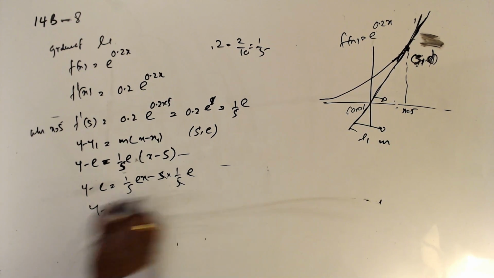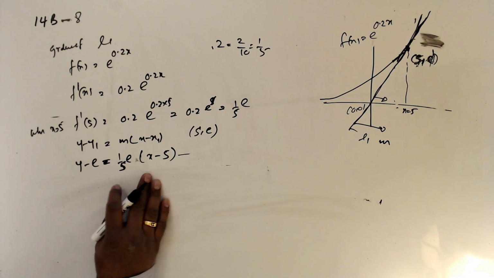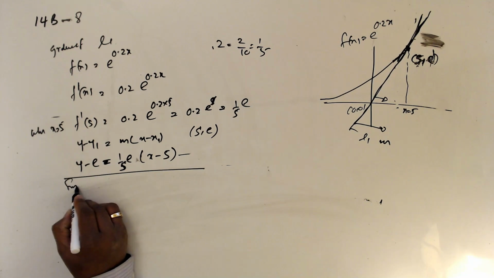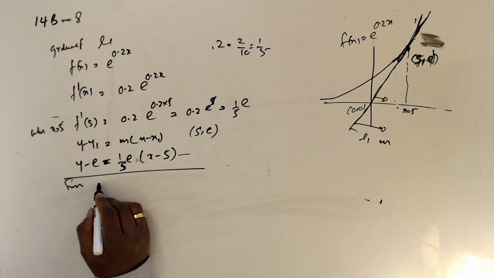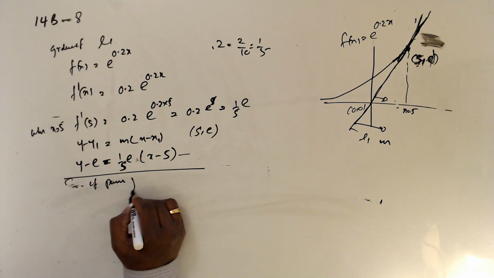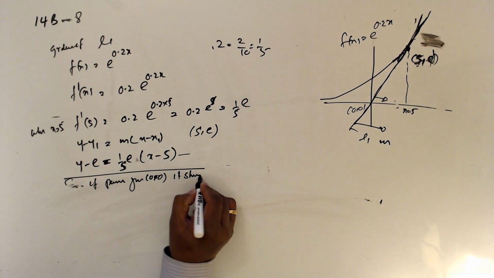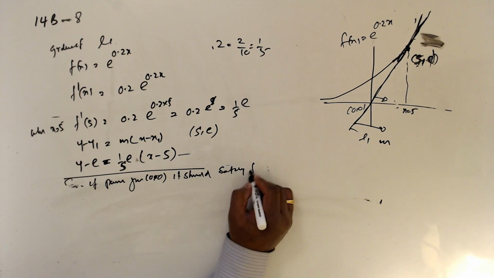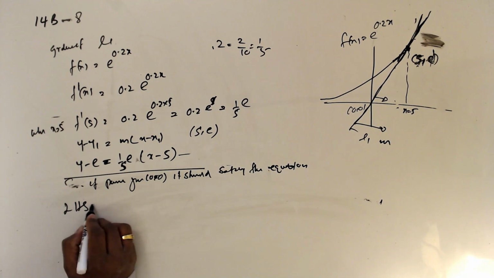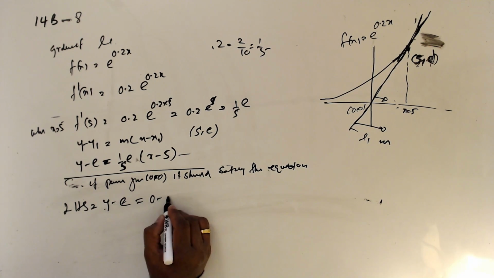The other way, initially I thought, because suddenly I see the calculation is giving easy, otherwise we want to show this is going through 0, 0. If the point is going through 0, 0, it should satisfy the equation. So we'll see whether it is satisfied. LHS equals y minus e. What is the y value? 0. 0 minus e is minus e.